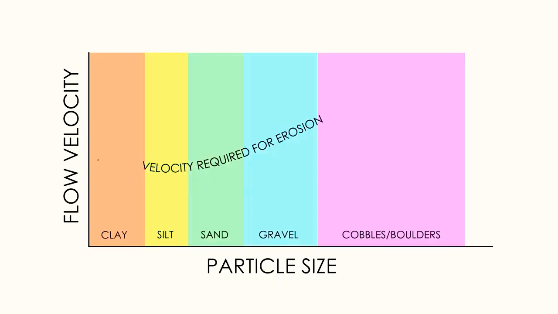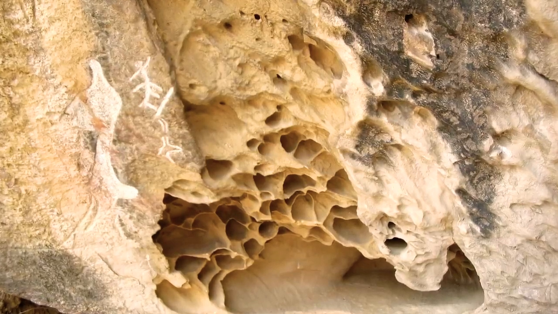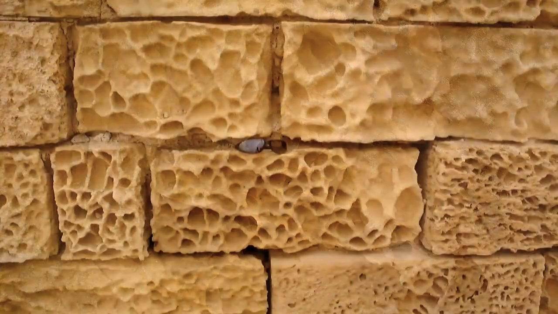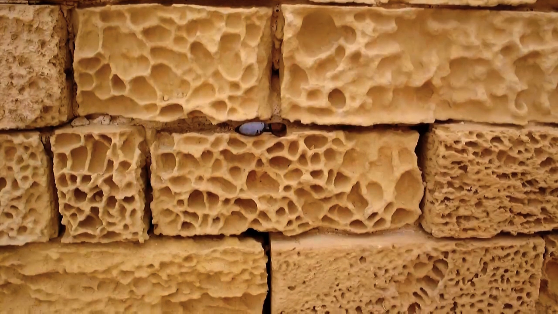The ability of water to move soil or rock depends on several factors. The faster and more turbulent the flow, the more erosive it is. Larger particles like gravel are more resistant to erosion than small particles like silt or clay. Finally, rather than physical erosion, some materials are soluble in water, just like sugar or salt, and can be eroded just by dissolving into the groundwater over time.